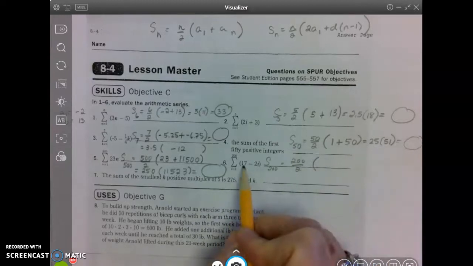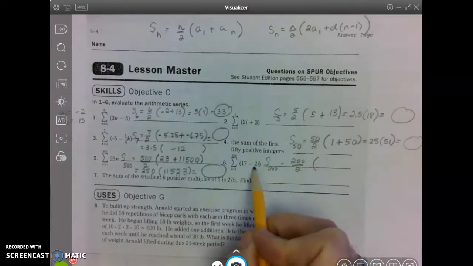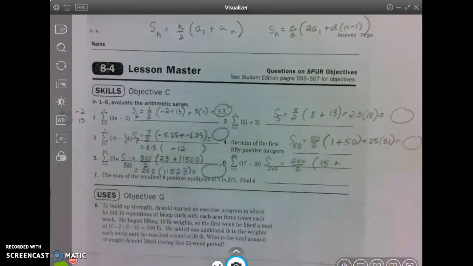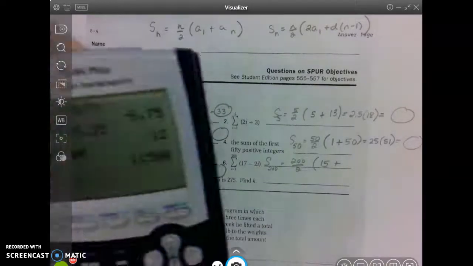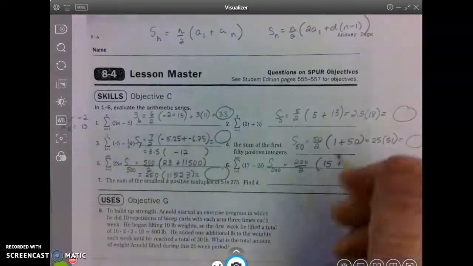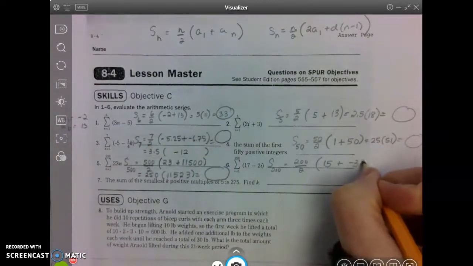The first term will be 17 minus 2 times 1. 17 minus 2 is 15. And the last term is going to be 17 minus 2 times 200, negative 383.